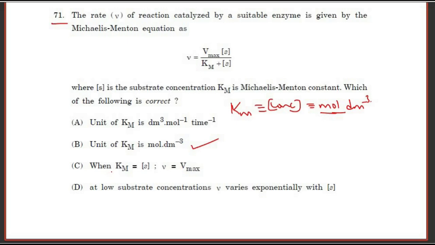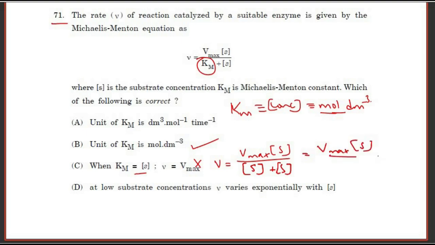When Km equal to S, V equal to Vmax, this option is wrong, because in this equation, if you substitute Km as S, you will get Vmax into S divided by S plus S, that is Vmax into S divided by 2S.